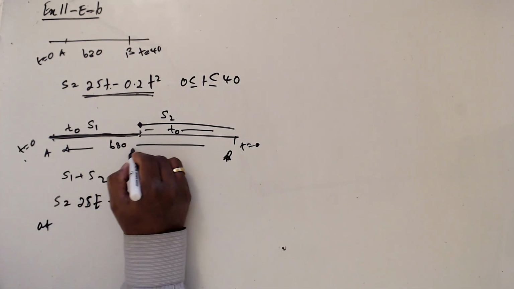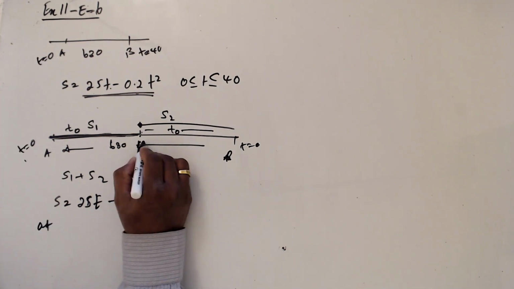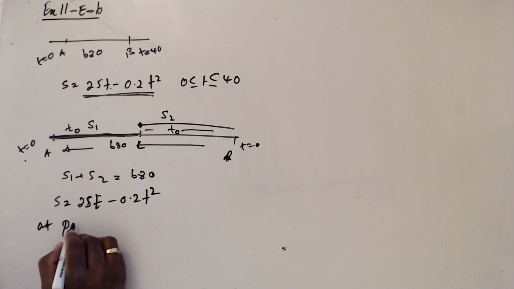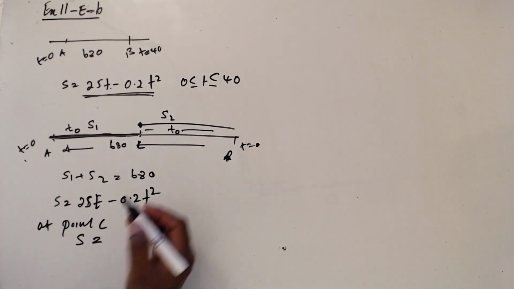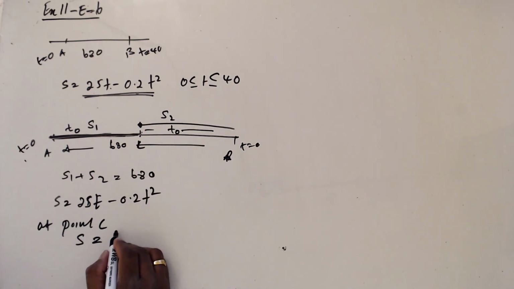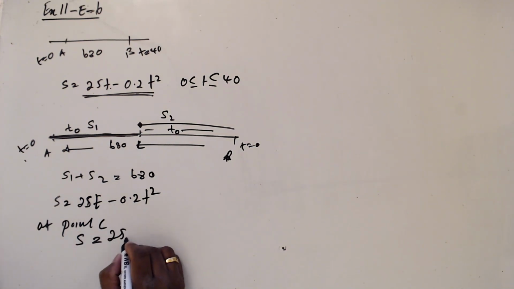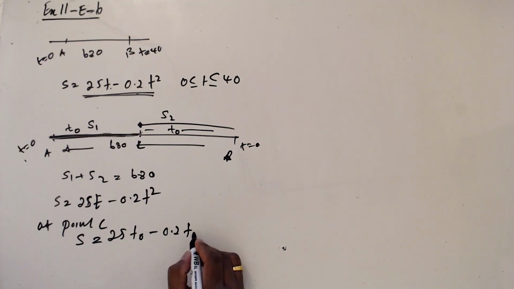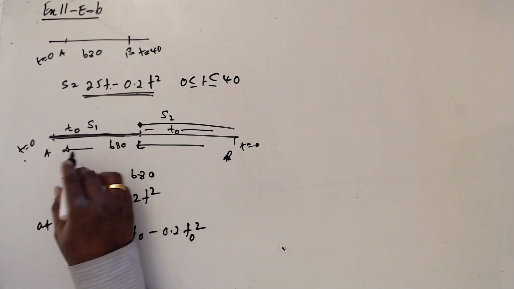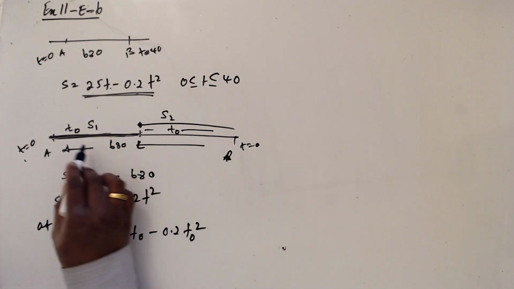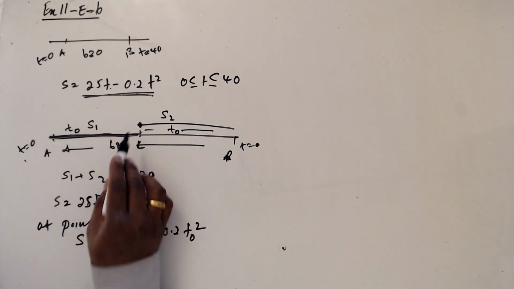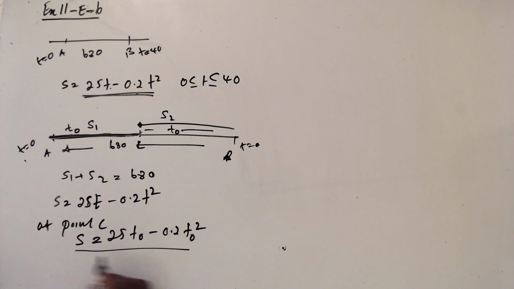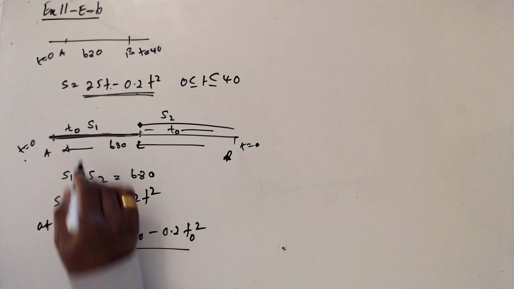At, let's say, point C, t is going to be t naught, and s is 25 t naught minus 0.2 t naught square. So it will take t naught time to come to here. So this is the distance, and this is going to be s1.